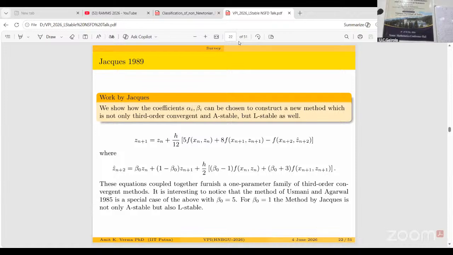Here they have chosen the parameters in such a way that there are more parameters than equations. So one parameter is free, and you can choose it. So you have a family of equations, and for beta naught equal to 1, the method is not only A-stable but L-stable also.